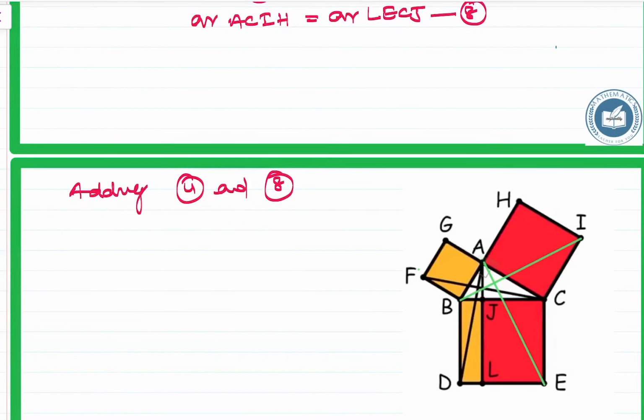Here we can write the area of FBAG is equal to the area of BDLJ. This is the 4th one.